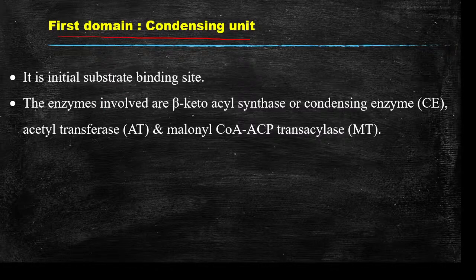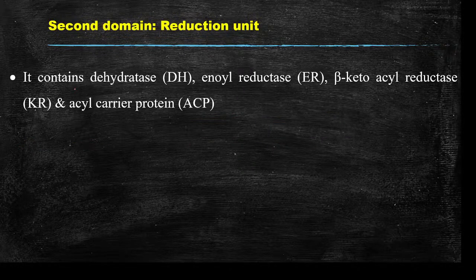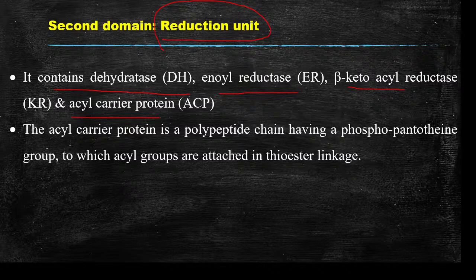The enzymes involved here are beta ketoacyl synthase or condensing enzyme, acyl transferase, and malonyl CoA ACP transacylase. In the second domain, it undergoes reduction reactions, so the second domain enzymes are called the reduction unit. It contains dehydratase enzyme, enoyl reductase, beta ketoacyl reductase, and acyl carrier protein.